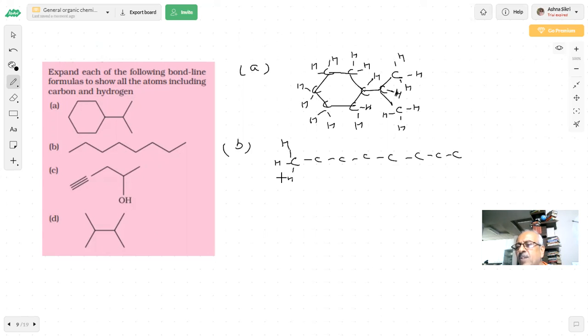So what will be the valency of carbon in every case? 4. Yes, sir. And do we have to put hydrogens here? There is nothing. There is no functional group or anything.